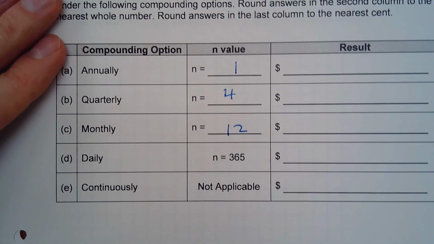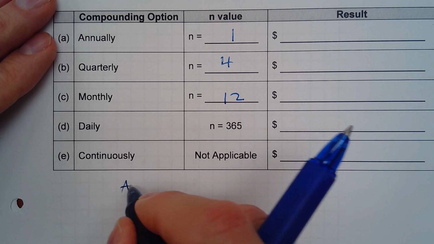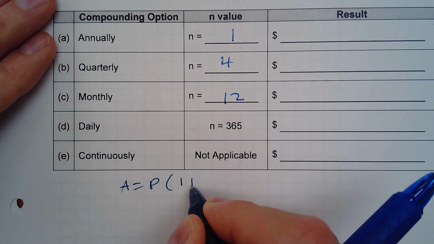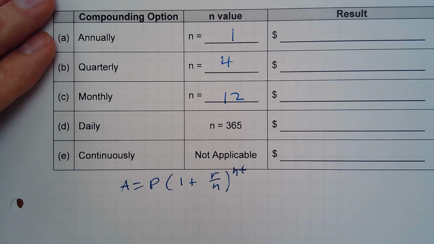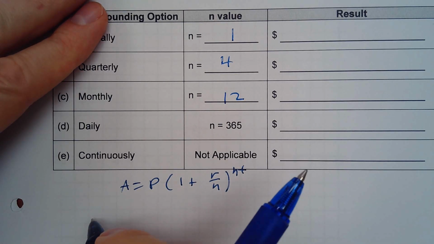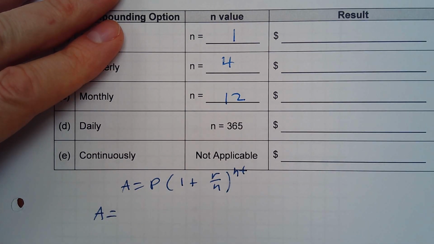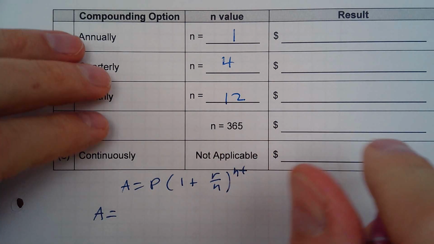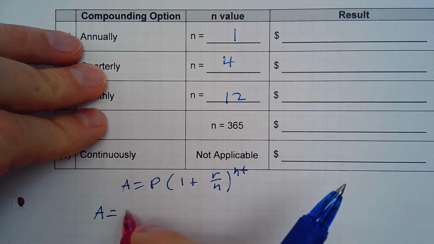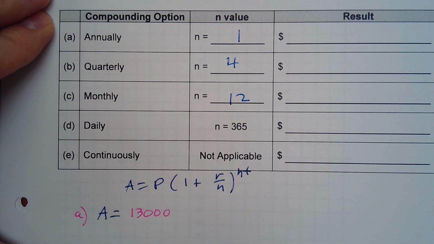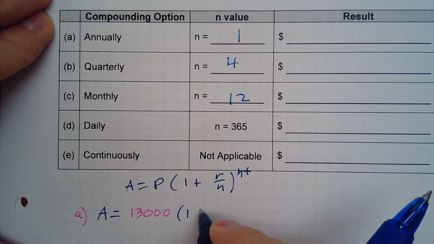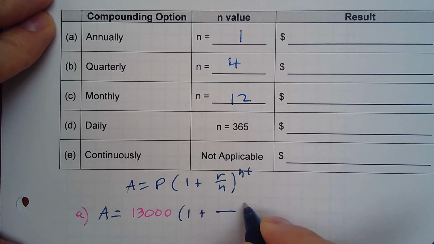So we're using our compound interest formula. A equals P times 1 plus r over n, raised to the nt. Principal is 13,000. So I'll call this part A here. I'm going to have 1 plus our r here.